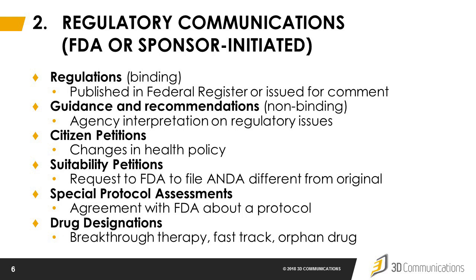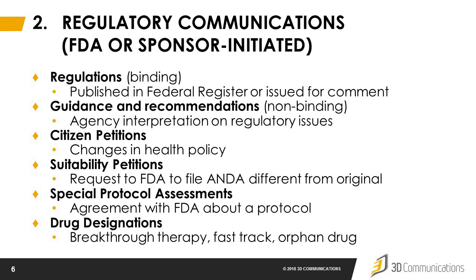Then the other four on the slides, the citizen petition, the suitability petition, special protocol assessment, and drug designations, are usually sponsor initiated. A citizen's petition is basically asking for a change in health policy.